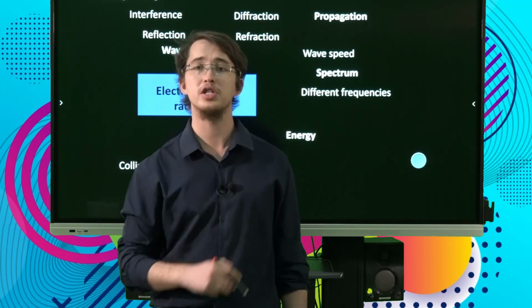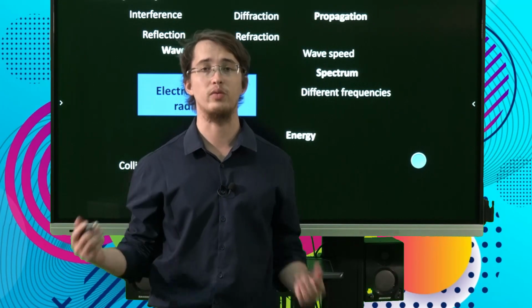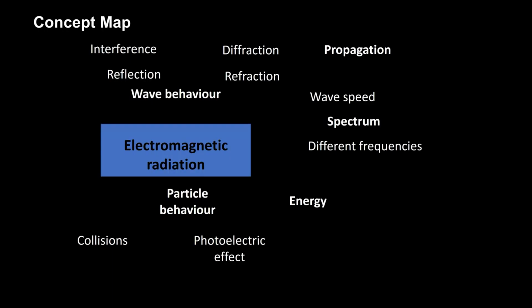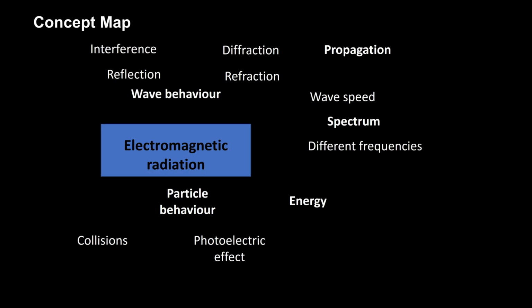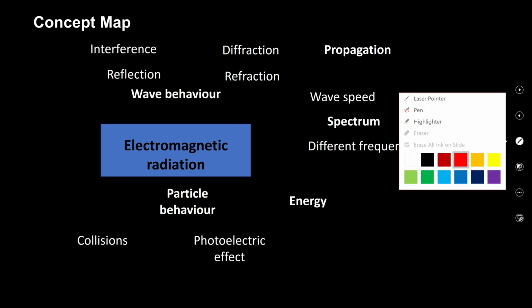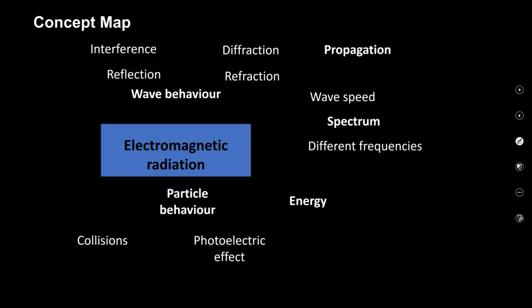Let's jump to our concept map to just remind ourselves of what we've said already. We've been looking at electromagnetic radiation, and we've unpacked how it behaves like a wave and a particle.